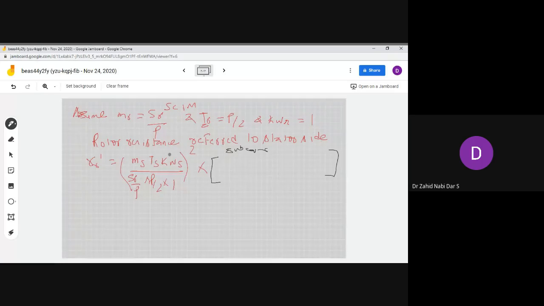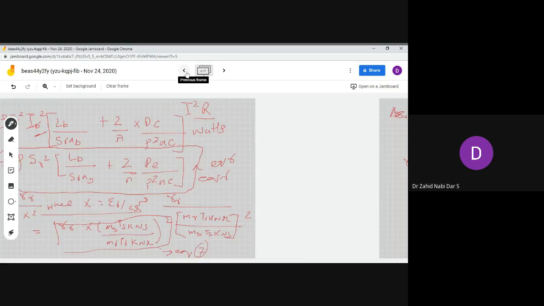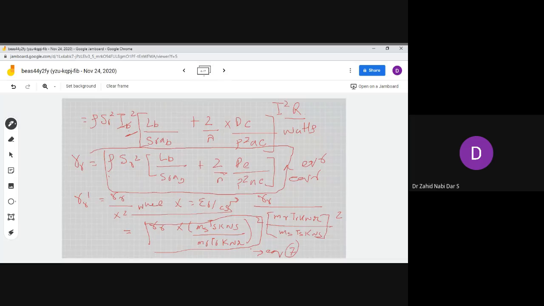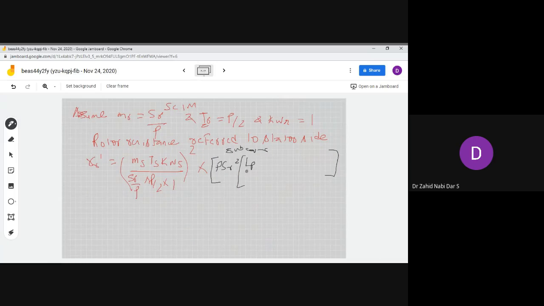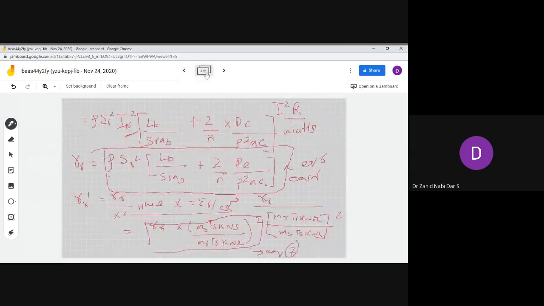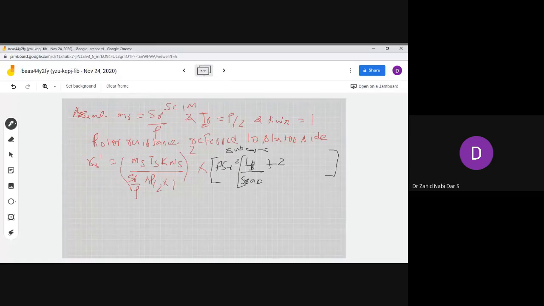Equation 6 over here would be rho s r square into lb sr by ab, plus 2 pi into d p square ae. So this value we will substitute here.